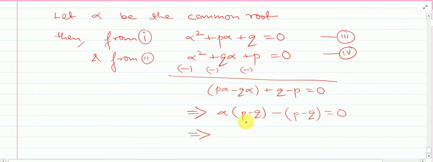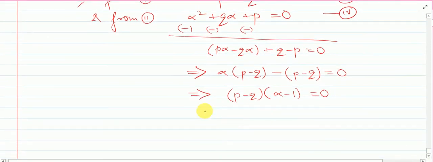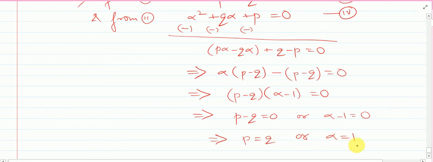Now you can see that here p minus q and here p minus q, so p minus q common, and you get alpha minus 1 equal to 0. Now either this is 0 or this is 0, so p minus q is 0 or alpha minus 1 is 0. So this implies p is equal to q or alpha is equal to 1.